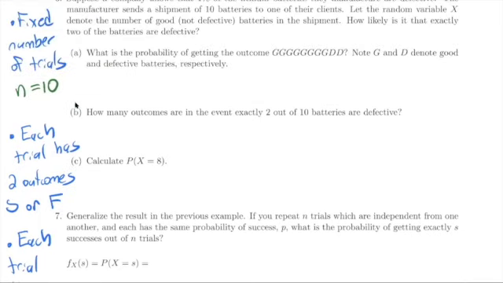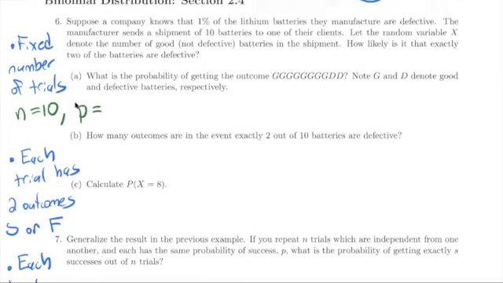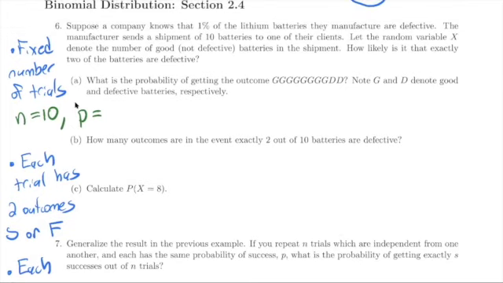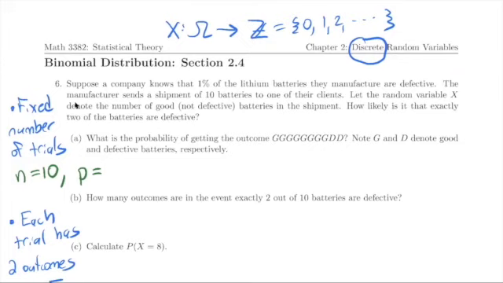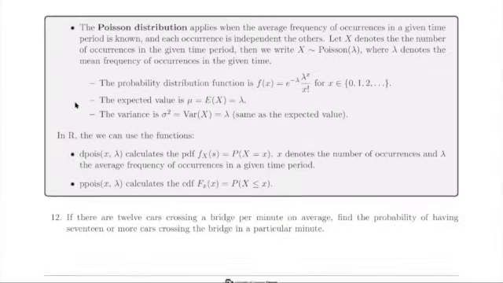So we let n denote the number of trials. We would let p denote how likely you are to get a success in any one trial. And so here, we are defining X as the number of good batteries.